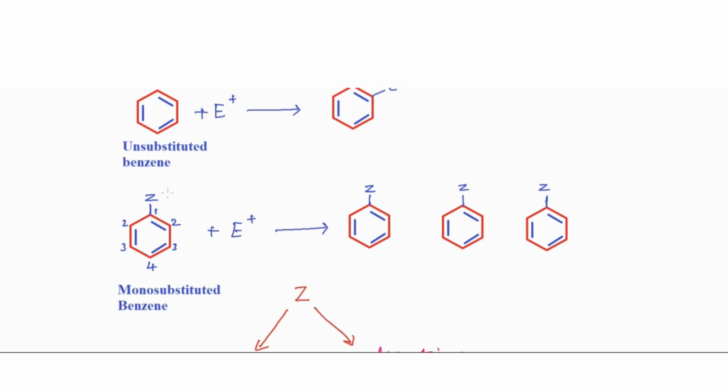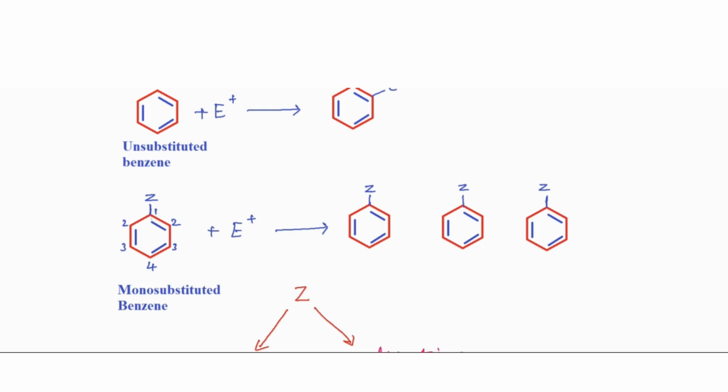Here Z is a functional group or some other group that has been substituted, and here some electrophile is going to react, and where is the electrophile going to substitute? That means the existing group determines the incoming electrophile's position on the benzene ring. So this is called orientation.